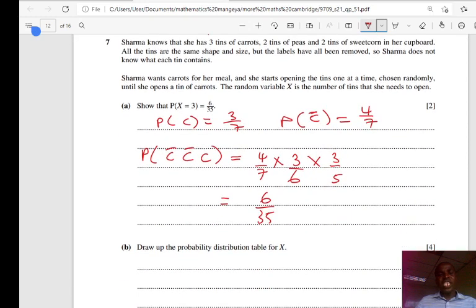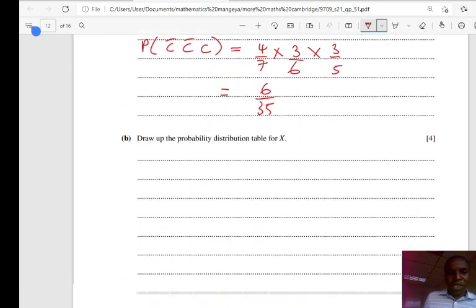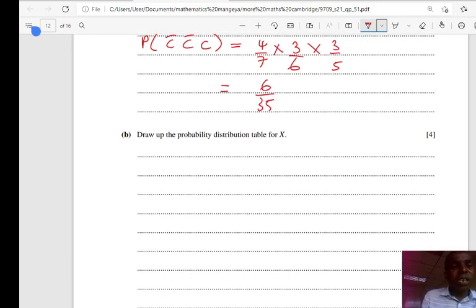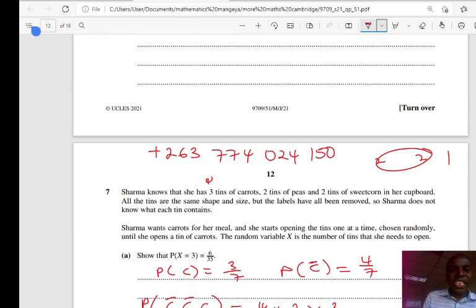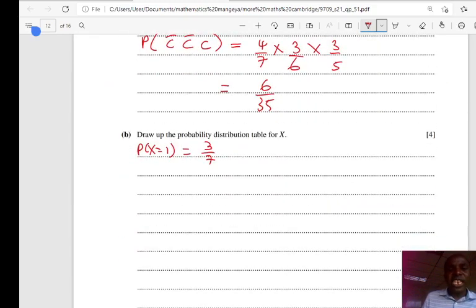Right, so we start here. First, probability of X equals 1. 1 tin, it will just be 3 over 7, right? Because there are 3 tins of carrots. Then probability of X equals 2.